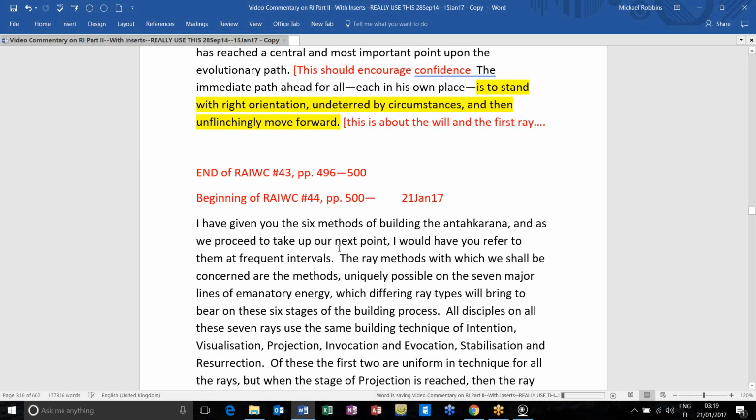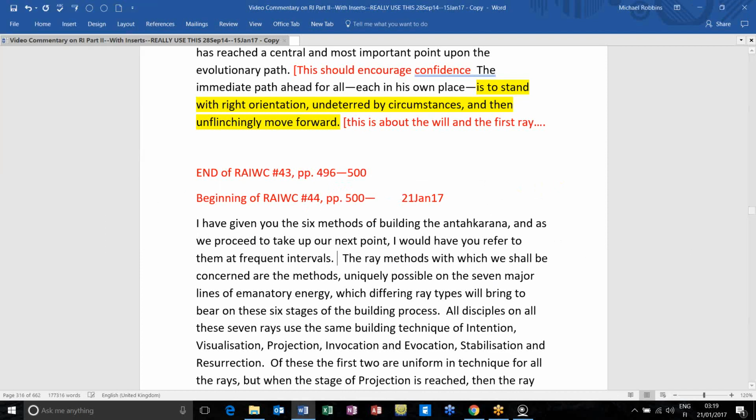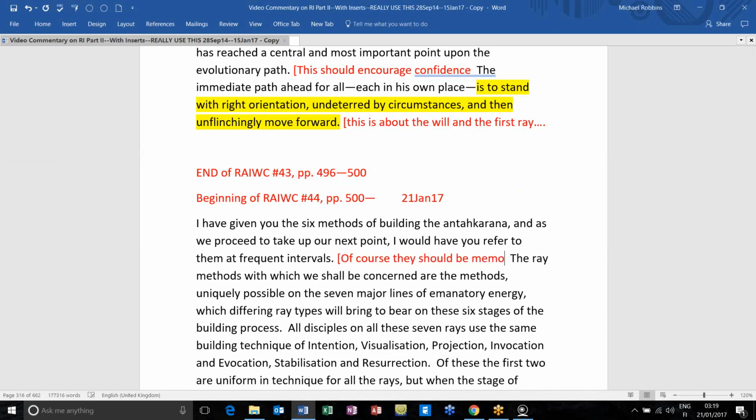I've given you 6 methods of building the antahkarana, and as we proceed to take up our next point, I would have you refer to them at frequent intervals, and we would say, of course, they should be memorized, which will be easy as we practice them.